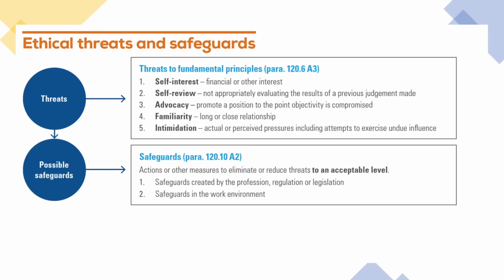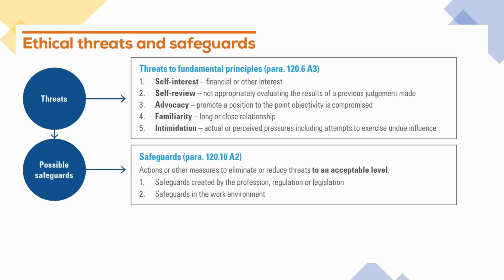If an accountant is an advocate or represents something, then he will not be able to make the information wrong, because he has previously advocated for the client. Familiarity, where a long or close relationship makes the client familiar with the accountant. Intimidation, actual or perceived pressure, including attempts to exercise undue influence.